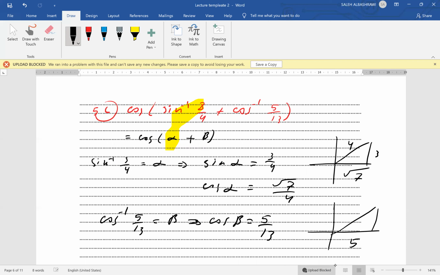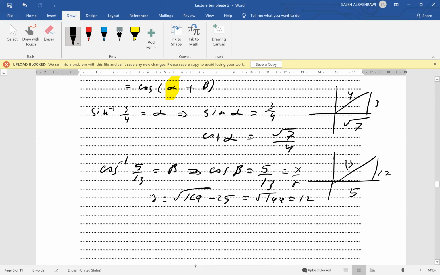I have 5 for x, for the hypotenuse equal to 13, and for the y, I will have square root of 13 squared minus 25, equal to 144, which is equal to 12. So sine beta is equal to 12 over 13.